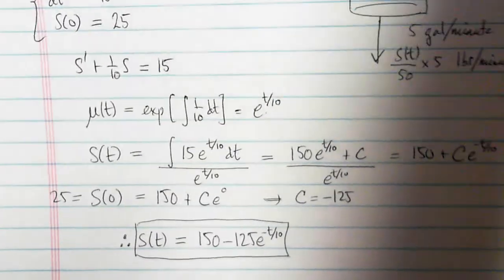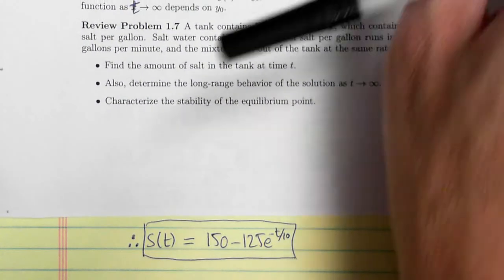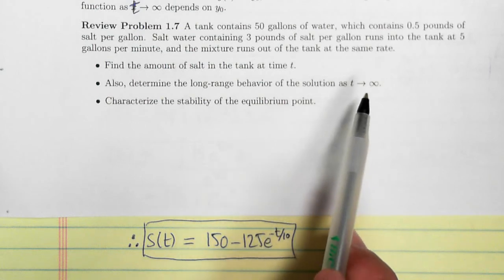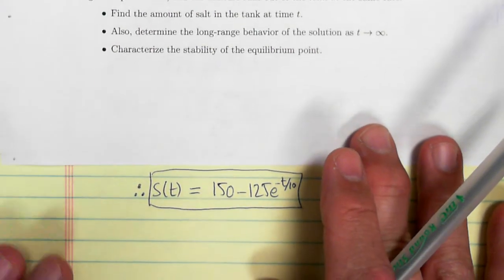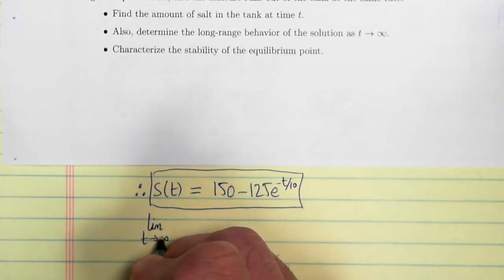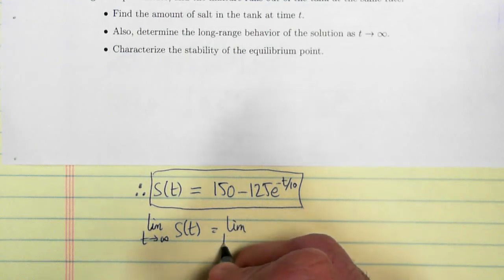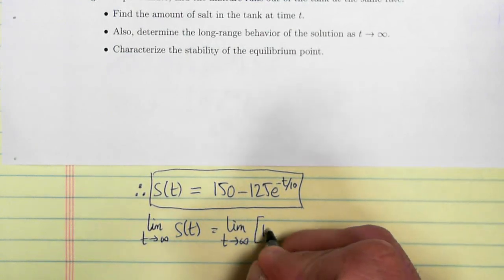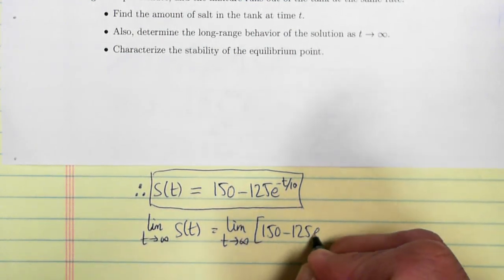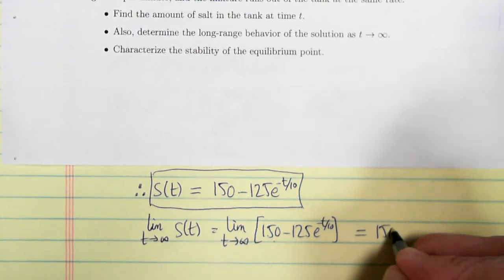Okay, now let's take a look at the other parts of this problem. Determine the long-range behavior of the solution as t goes to infinity. So if we take the limit as t goes to infinity of s of t, clearly the 150 we leave alone.